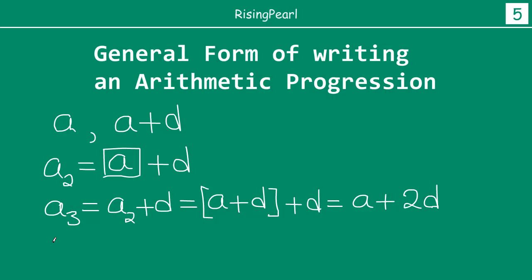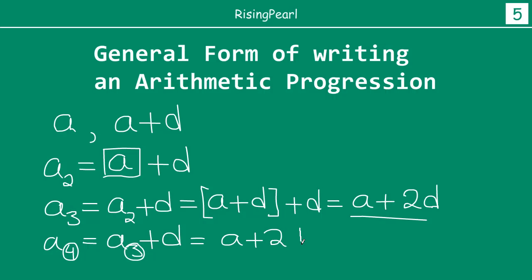Similarly, I get my fourth term by adding D to the third term. I take my third term, A plus 2D, and add D, which is the common difference. So 2D plus 1D will be 3D, giving A plus 3D.